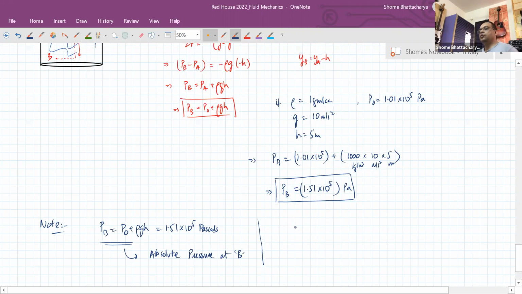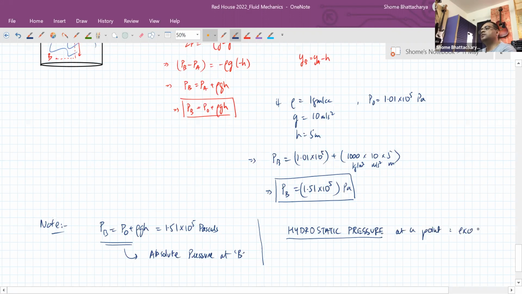But we also have the term called hydrostatic pressure. Hydrostatic pressure at a given point, you can think of it like the excess pressure due to the hydrostatic column above it.